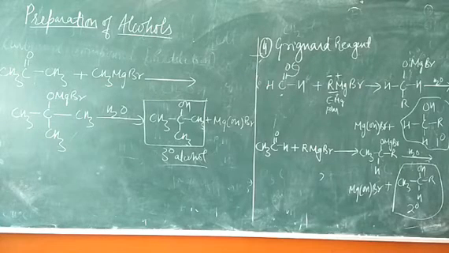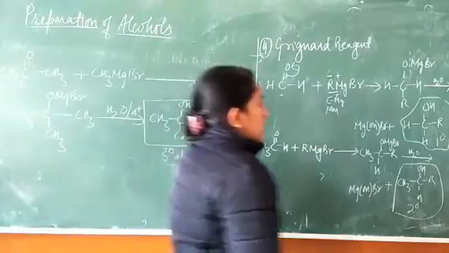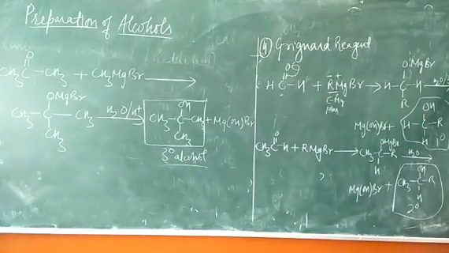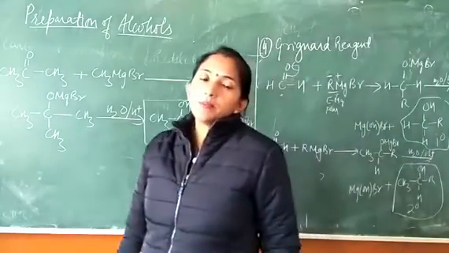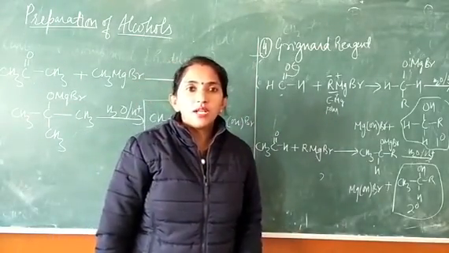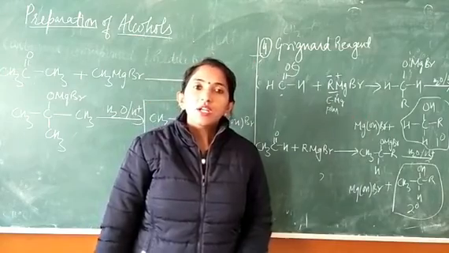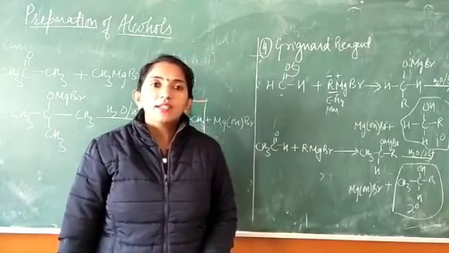The hydrolysis can be carried out by adding a few drops of acid, so just note that down. Now student, these are the main preparations of alcohol from carbonyl compounds, from Grignard reagent, from haloalkanes and from alkenes. Just go through these and get them noted down.